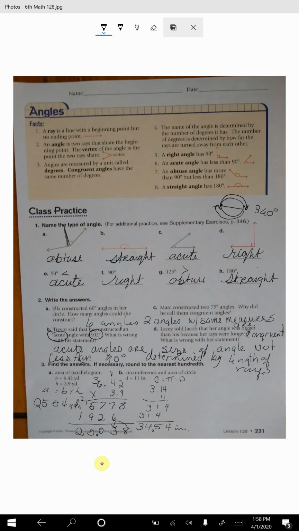The area of the circle is pi times r squared. So the radius is half of 11, which is 5.5, right? So let's do 5.5 times 5.5. Lots of 5s.